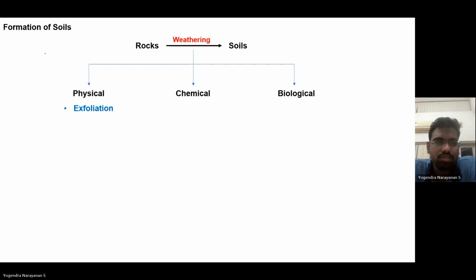So now some of the processes that come under physical weathering are exfoliation.